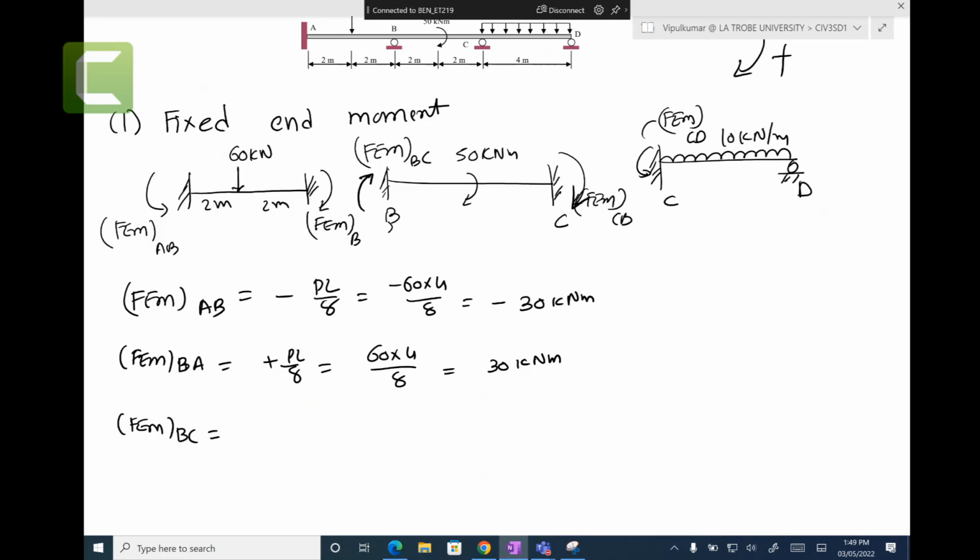So this is an exercise for you in the assignment, in case there is any case coming that you are not able to find. Just search fixed end moments beams and it should show something. So can you please find the value for me, the direction as well, fixed end moments at BC, 50 kilonewton meters.